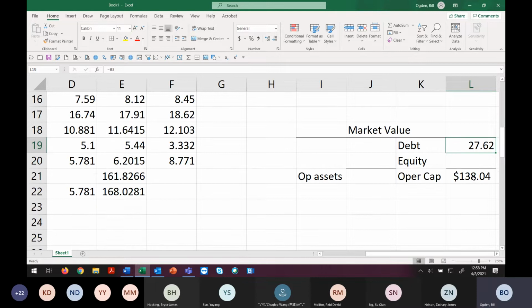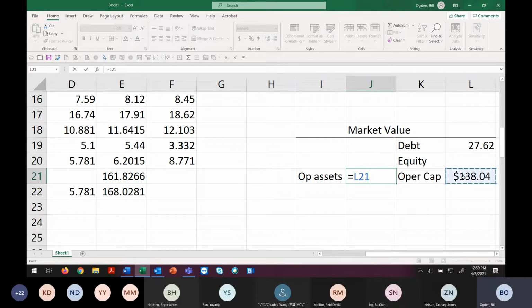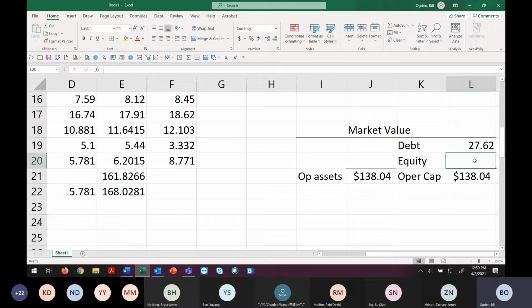Now we set the value of the operating assets equal to the value of the capital that's funding it. This we can observe, this we can't. And now how do we get the equity? Well, the debt plus the equity are the operating capital. So I simply take the difference.